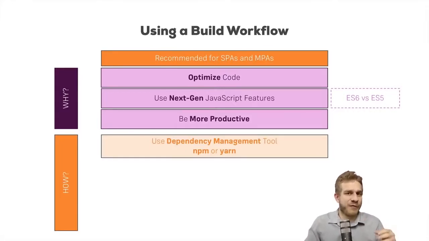So the compiler for next-gen JavaScript to current-gen JavaScript, that is a dependency. And we will use NPM here. Yarn would be another tool you could use, but we will use NPM, Node's Package Manager, a tool which just allows us to manage packages and which is the de facto standard for managing dependencies also on front-end projects.